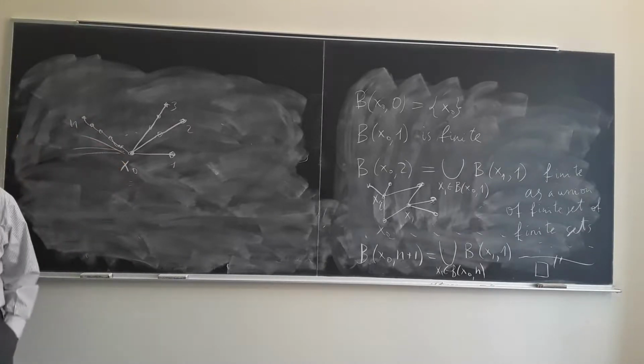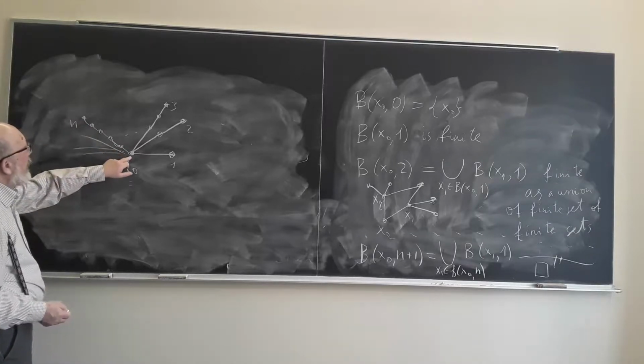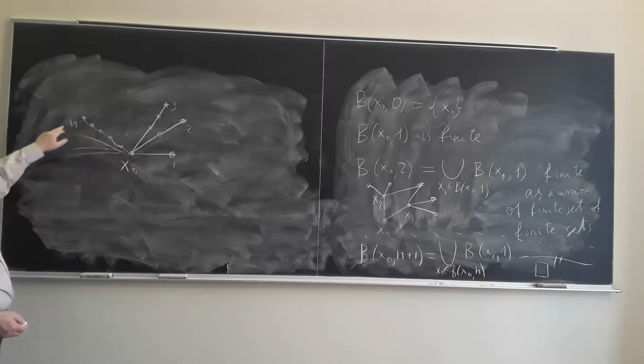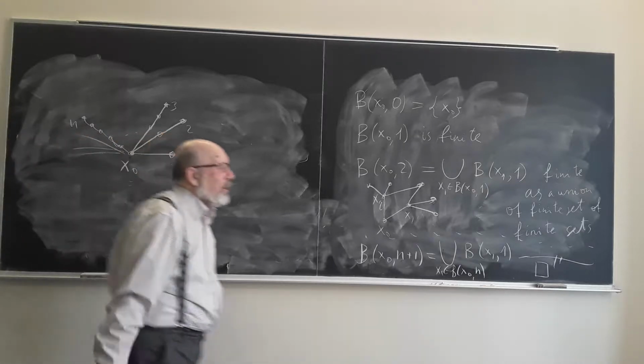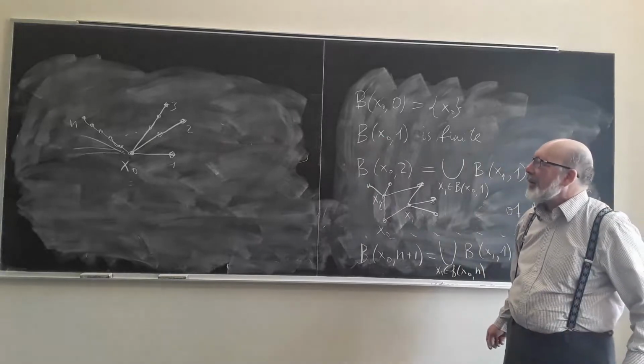Yeah? So here the distance from here to x0 is n. Yes? And this n is unbounded. So this is a graph which is infinite and with unbounded distance function.